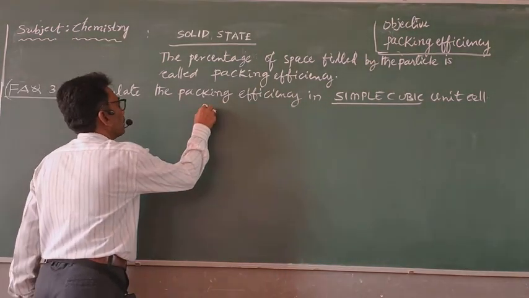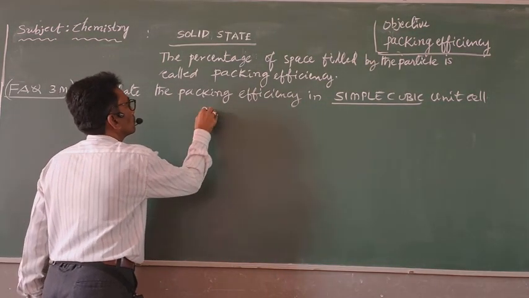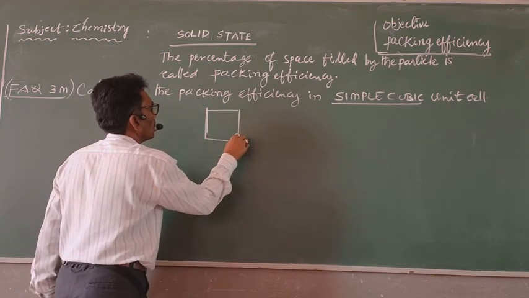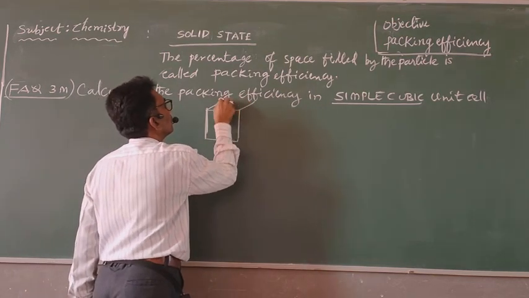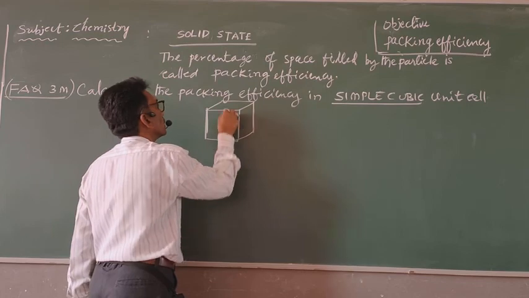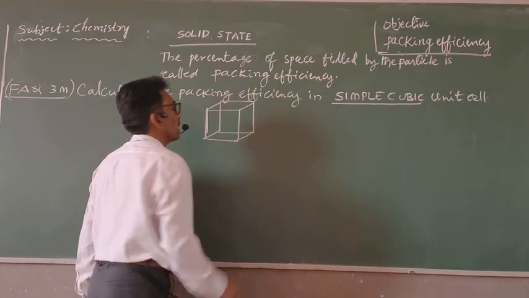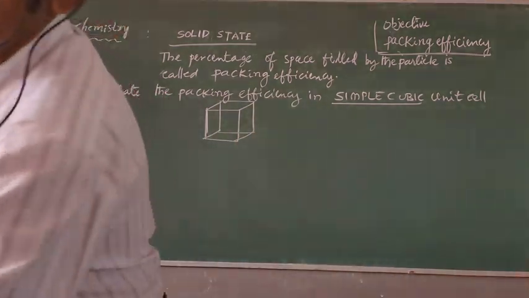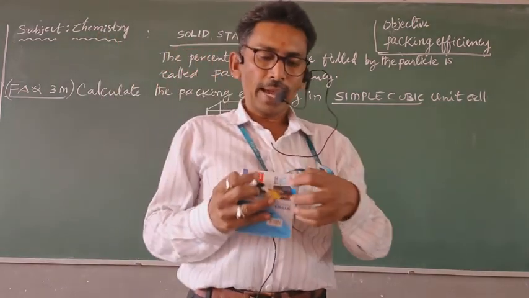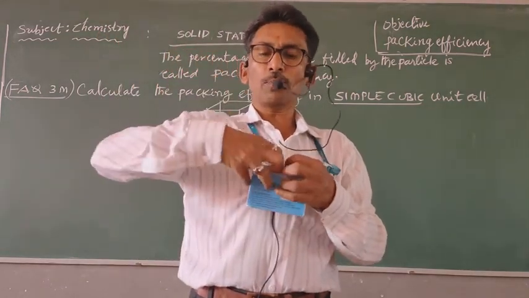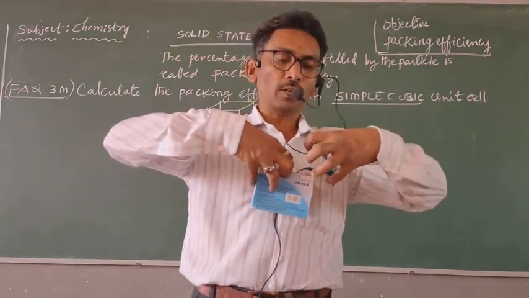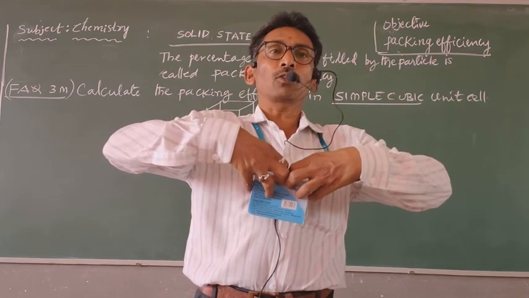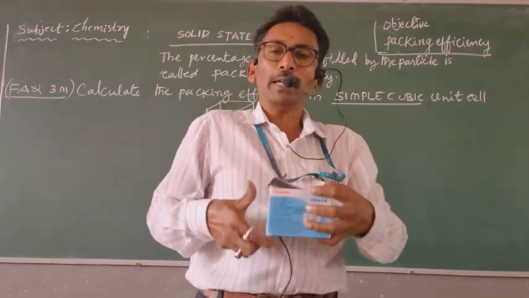Now, take a diagram related to that. You have to draw the diagram of a cube like this. Then, where are the particles present? The particles are present at the corners like this. This is a particle at this corner, and at another corner the particles both are in contact.